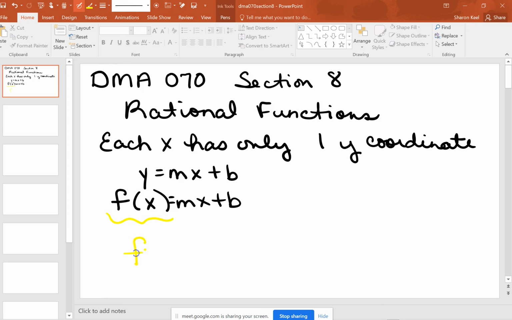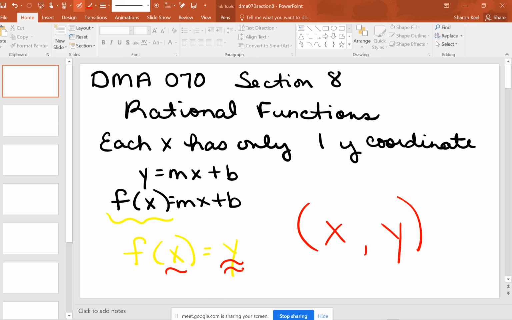That way, when you have your answer, you have f of x, and the answer on the right side is technically the y. So you could take the information from function notation and write an ordered pair where this value is the x, and this value is the y, once you've solved.